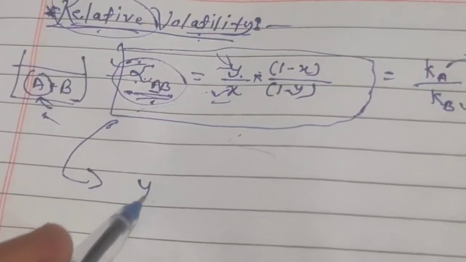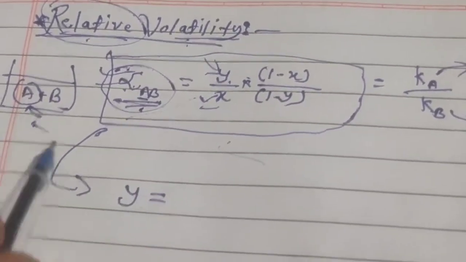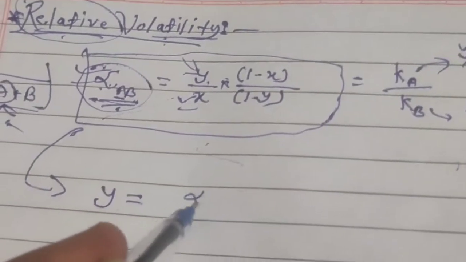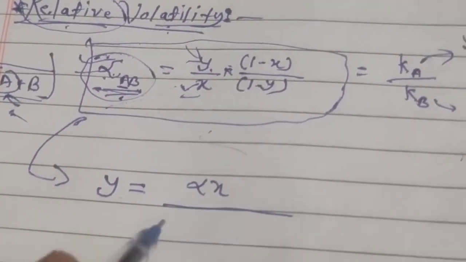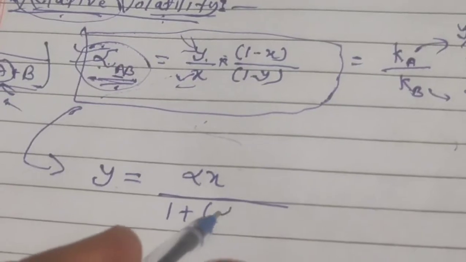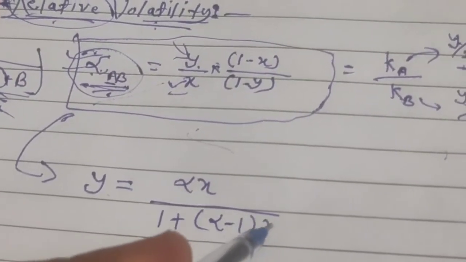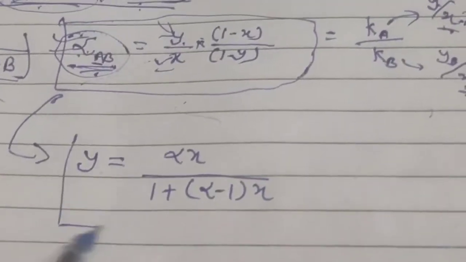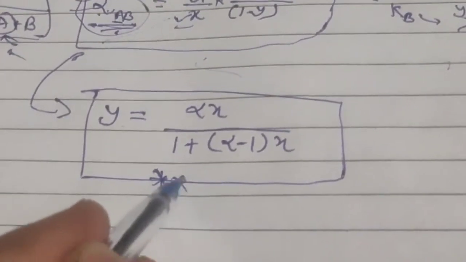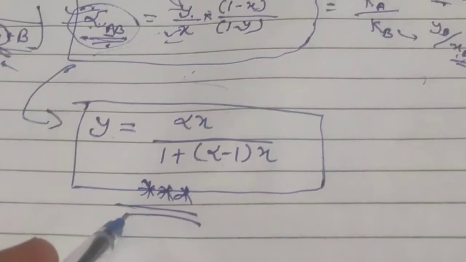You have to remember this anyhow: y equals alpha x divided by 1 plus (alpha minus 1) x. I'll give this formula three stars, because it is very important.